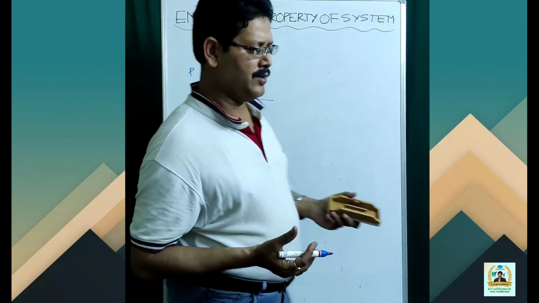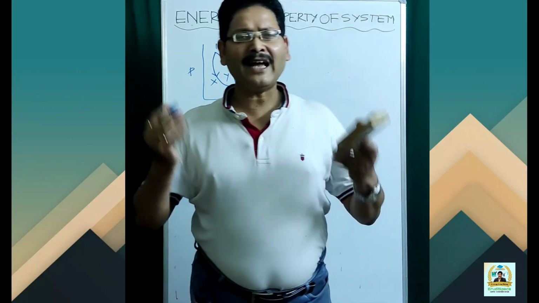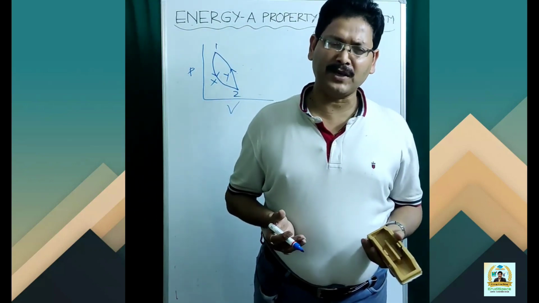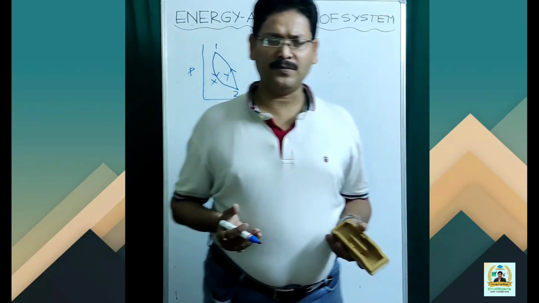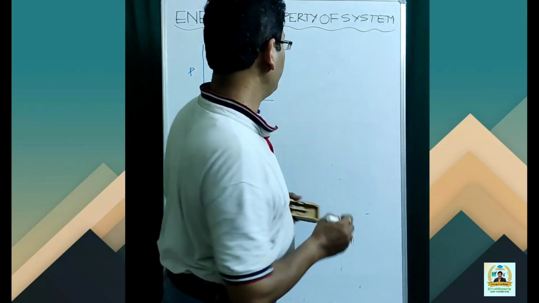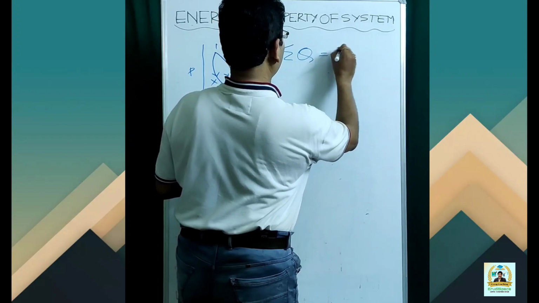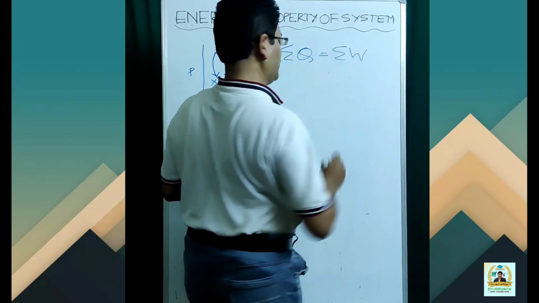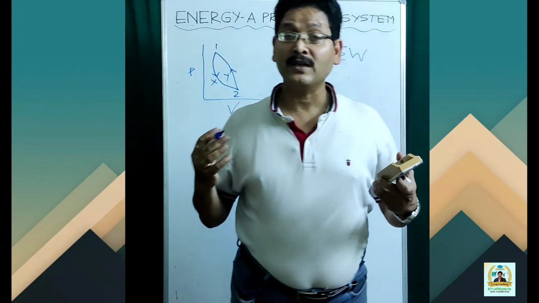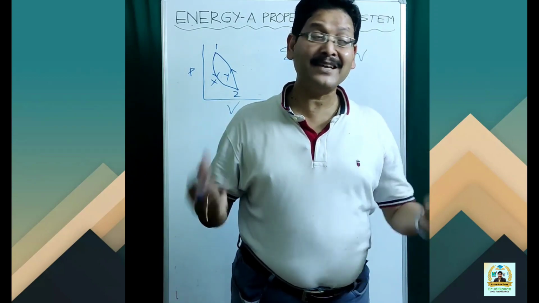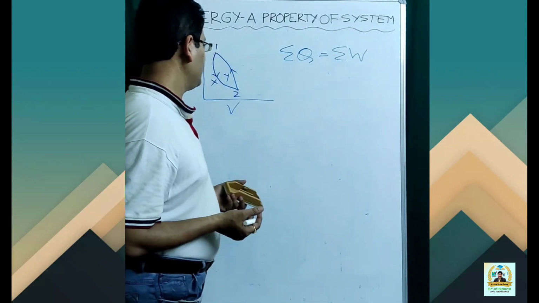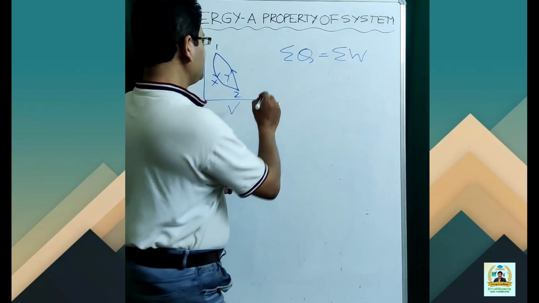And all of us know that as per the first law of thermodynamics, for a closed system undergoing a cycle, the summation of heat transfer is equal to the summation of work transfer when they are represented in the same units. Now, what are the heat transfers?